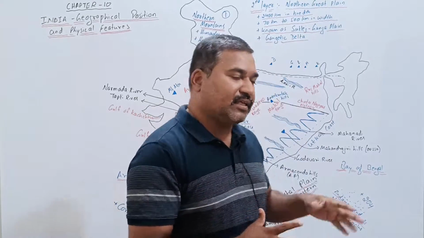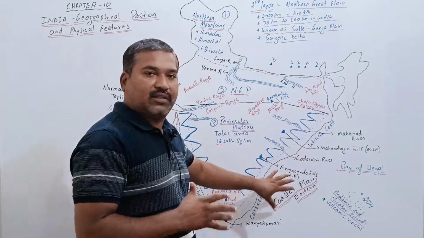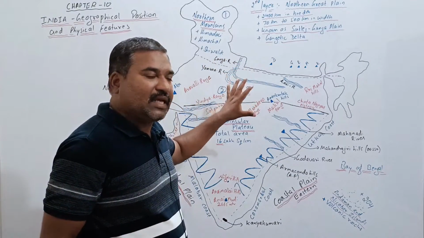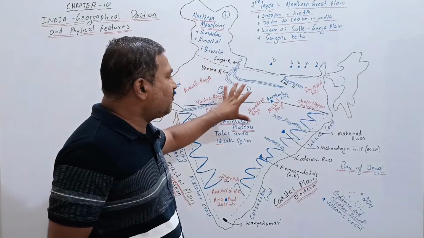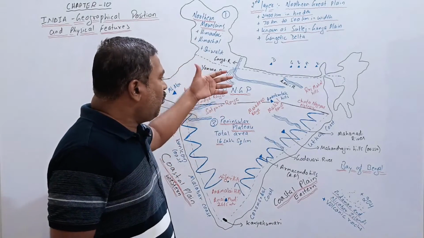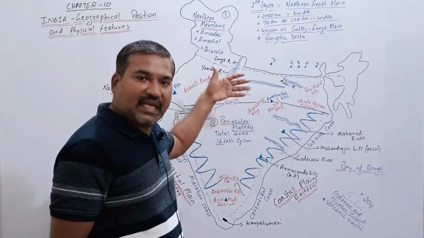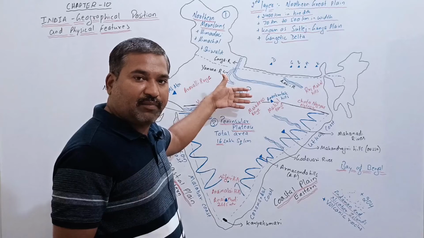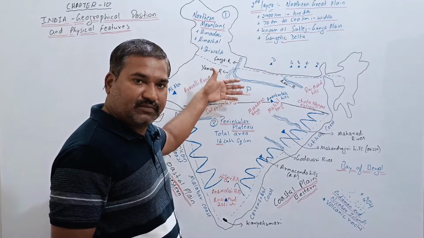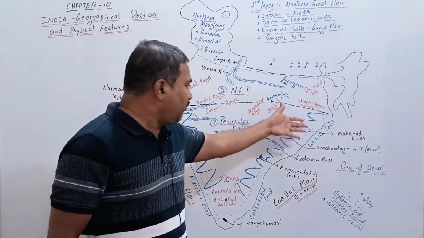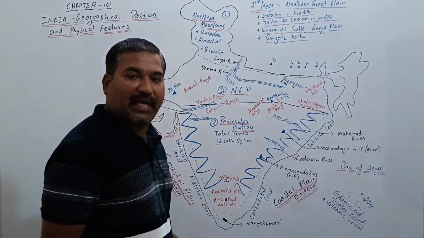Dear students, on this map, to make it very clear, I have made some points which will help you easily know where the northern great plain lies, the second layer of the physical features, the third layer the peninsular plateau, and the fourth one the coastal plain.